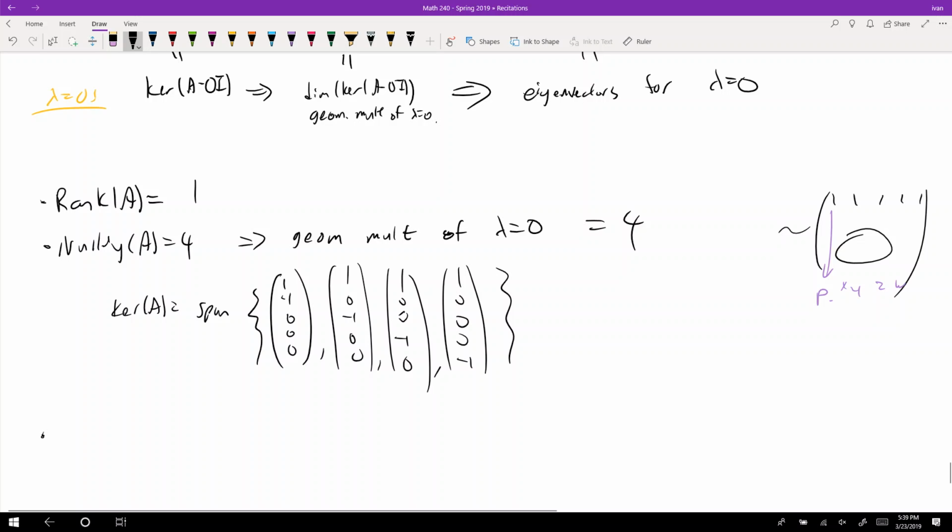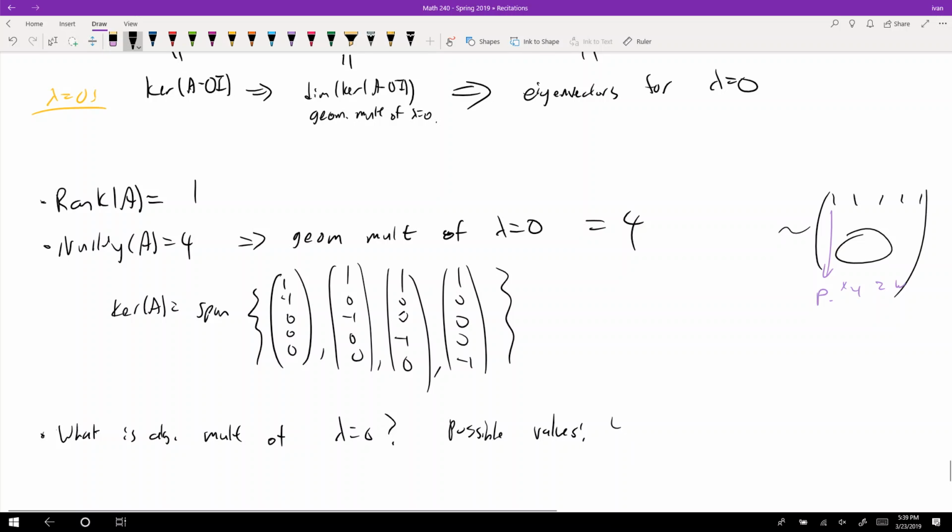Now, what do I want? The problem is, what is the algebraic multiplicity of lambda equals 0? All right, and what are the possible values? So 4, any other? 5. Can it be 3? No. Okay. Can it be 6? No. Okay.